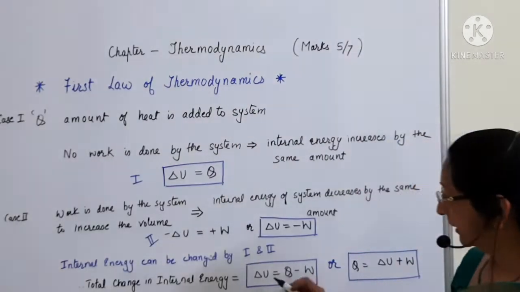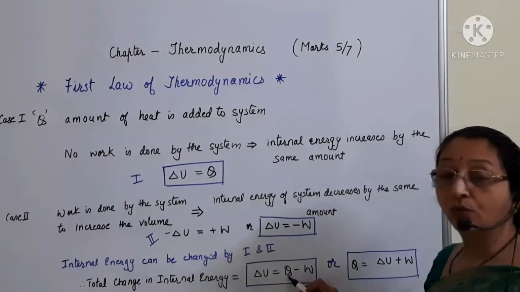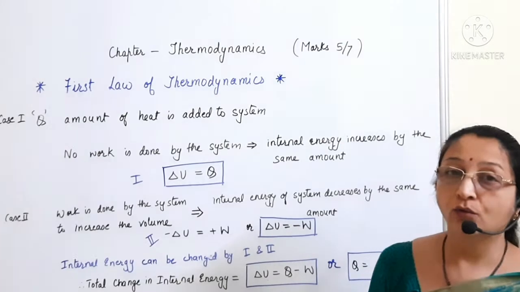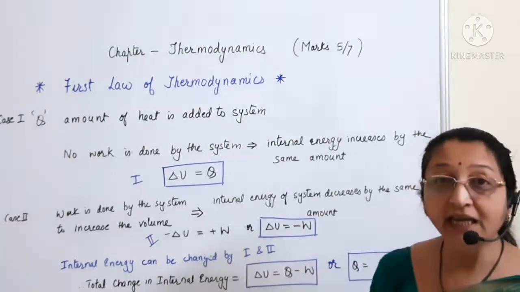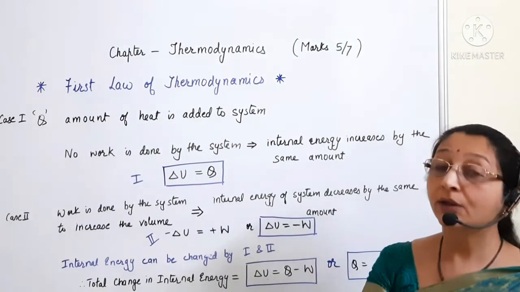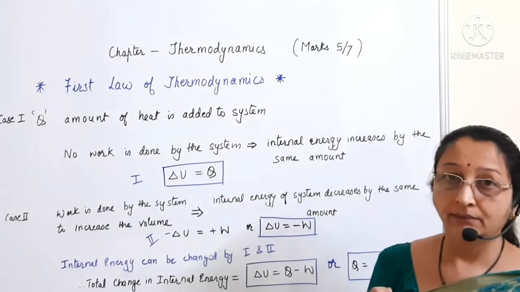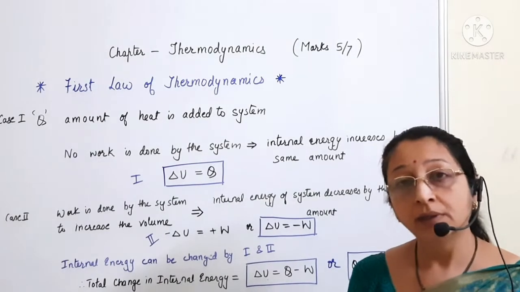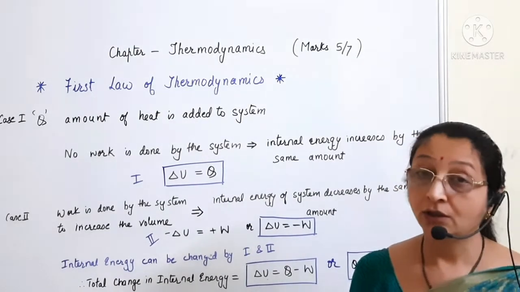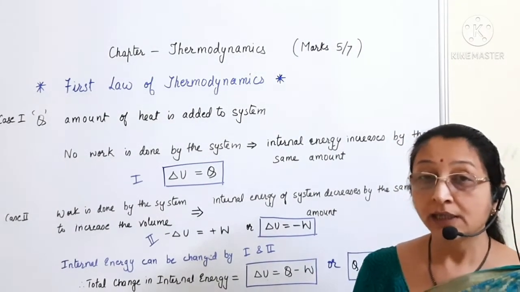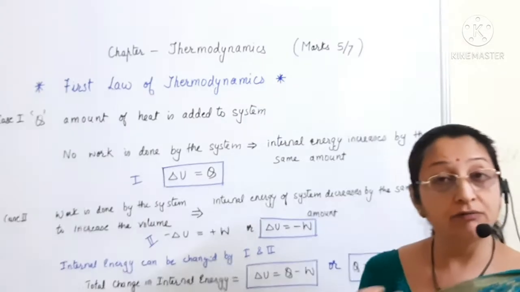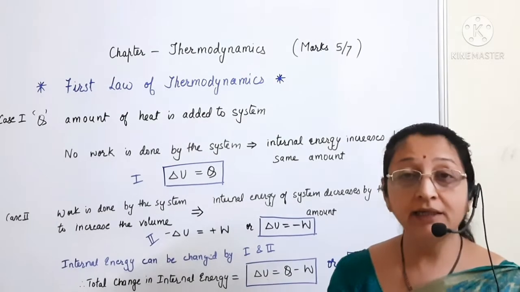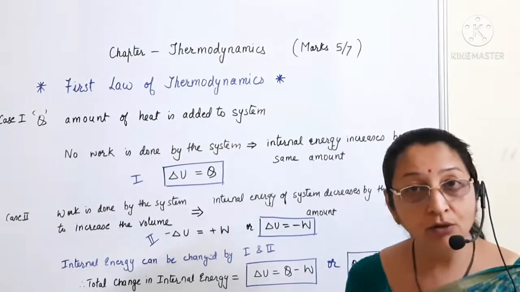Now we know that this Q and W can be positive, negative or zero. म्हणजे आपण हीट सप्लाय केली सिस्टमला किंवा सिस्टमकडून हीट काढून घेतली. सप्लाय केली म्हणजे it is received by the system, so it will be plus Q. सिस्टमकडून काढून घेतली हीट, so it will be minus Q. And if no heat is given, then Q will be equal to 0.